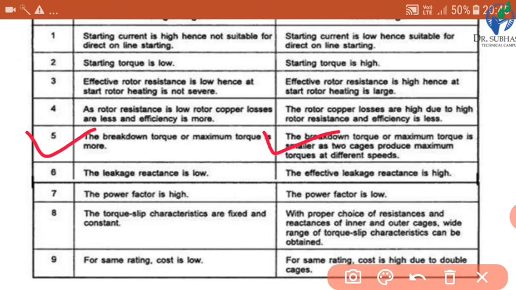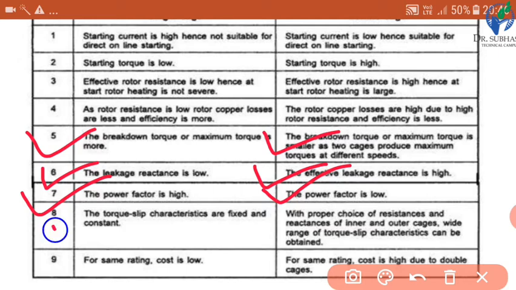The leakage resistance is low in the case of a single cage rotor, and in the case of a double cage rotor the effective leakage resistance is high. So this is also one point we have to consider. The power factor is high in the case of single cage rotors and low in the case of double cage rotors.